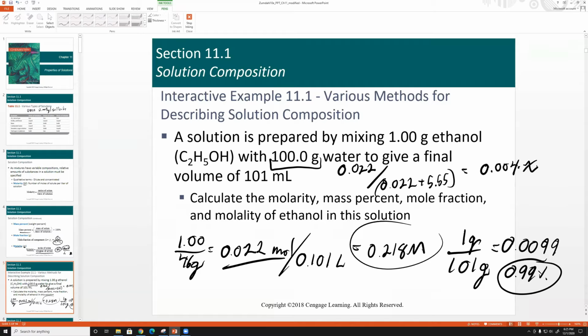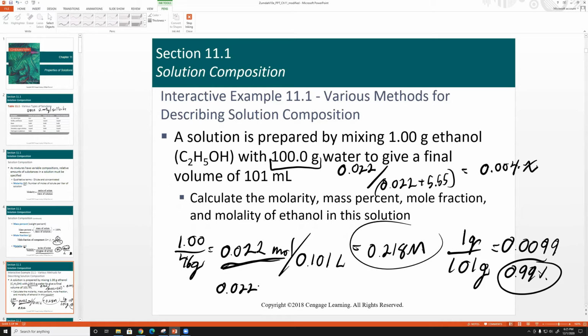Okay, nice. And then the last one is molality. So we need the moles, which we have, divided by the kilograms of solution. So the kilograms of solution, we know the grams of it is going to be 101 grams, right? So we know the kilograms is 0.101. So it's going to be the same as the molarity in this case.